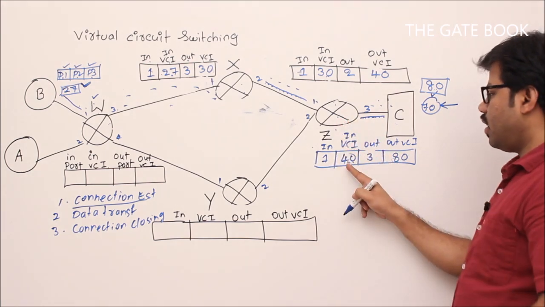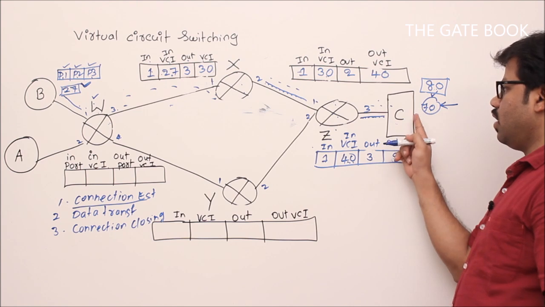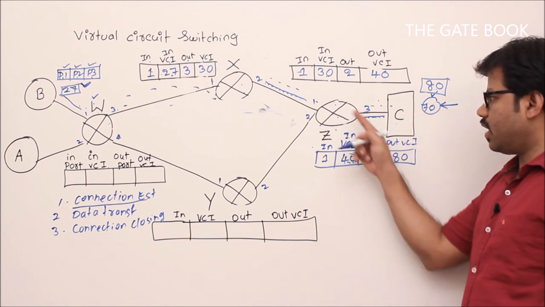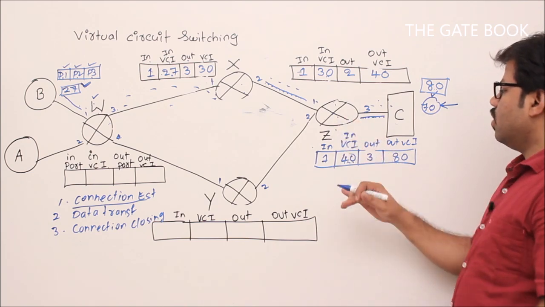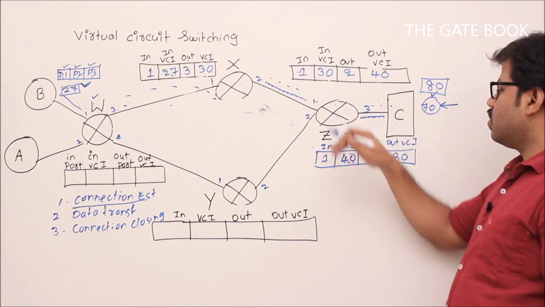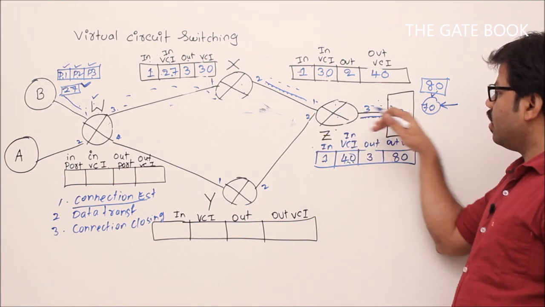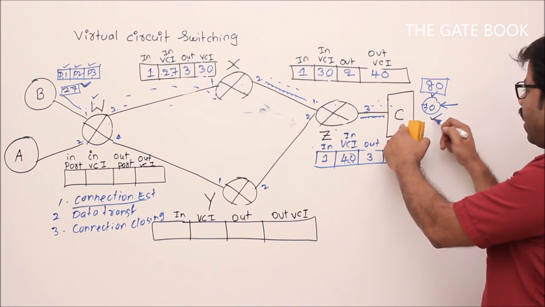So 40 will be written here in incoming, and Z will send another data to C asking for permission for the connection. All these numbers are related to connection asking. Z sends 70 and says, my dear C, this is my connection number.